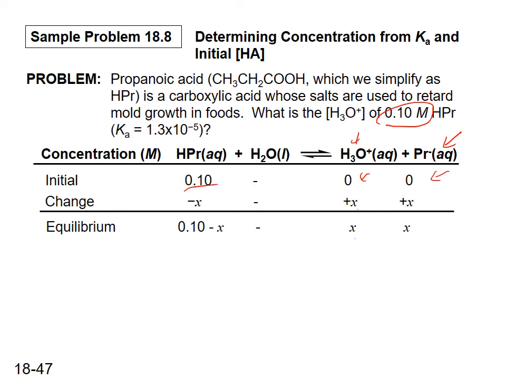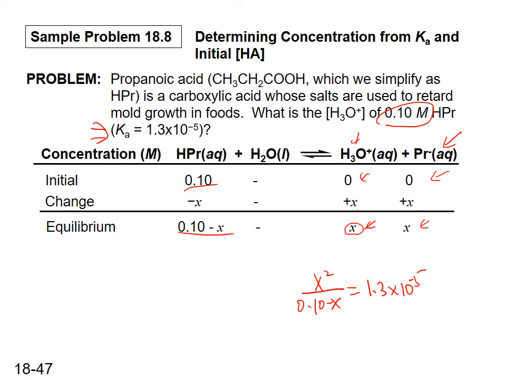Well, go back to the question. In this case, we know Ka. So we need to write the equation of Ka to calculate X. Last question, we know pH, hydronium ion, so let X equal hydronium ion, and we already solved X. But in this case, we have to write X squared, because product divided by reactants, this equals Ka, which is 1.3 times 10 to the minus 5, right?